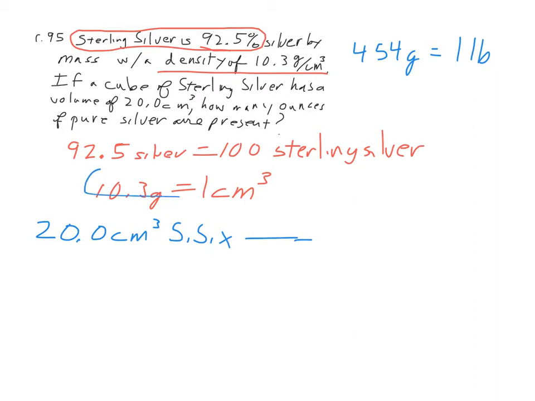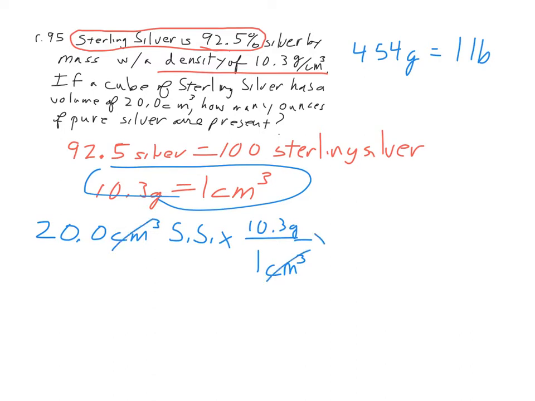My density lets me do that, right? So that's what I'm going to use, and I'm going to say that 1 cubic centimeter is equivalent to 10.3 grams. So I've now gotten rid of cubic centimeters, and I have units of grams.